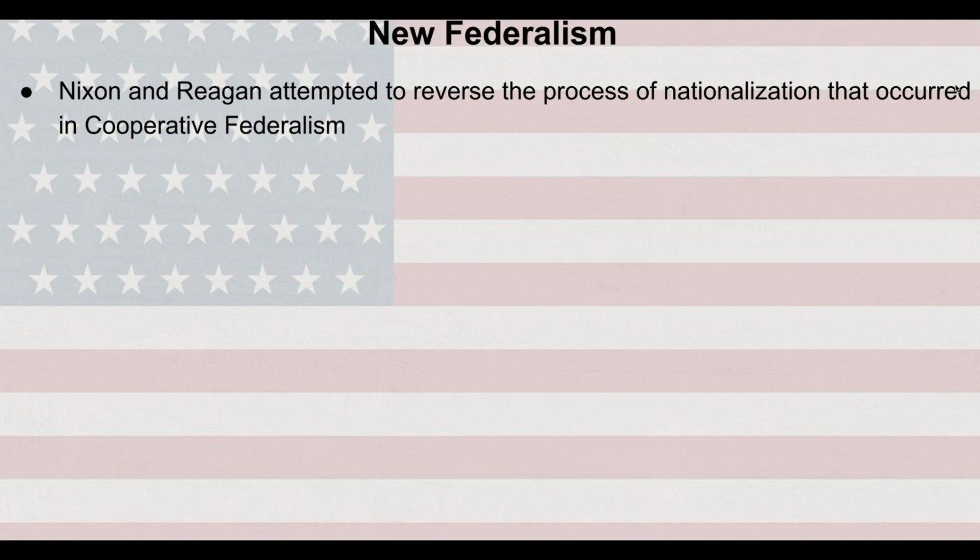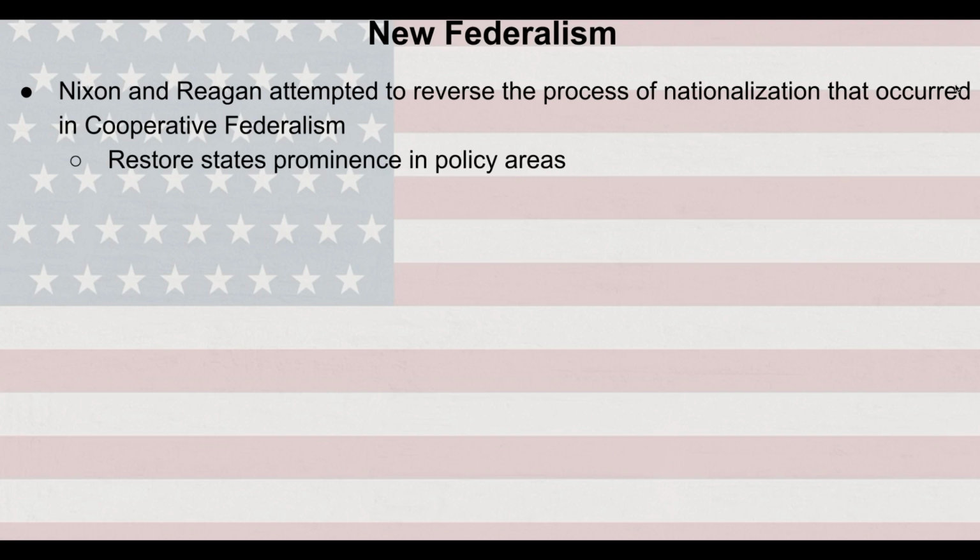Because politics have become extremely nationalized and concentrated at the national level, they're going to try to restore state prominence in policy areas. They're going to try to devolve some of that centralized power from the national level back to the states.